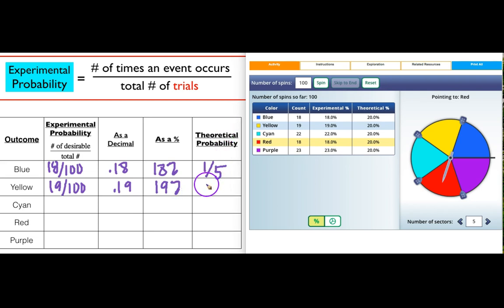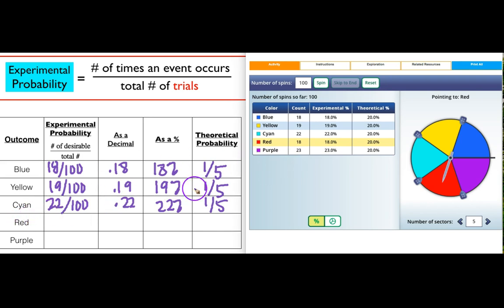But again, theoretically, we expected it 1 out of 5. Cyan occurred 22 out of 100, which is 22/100, or 22%. Still theoretically 1 out of 5. So notice, theoretically speaking, that doesn't change.